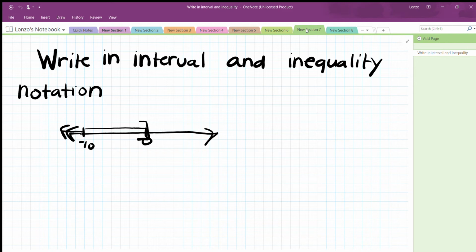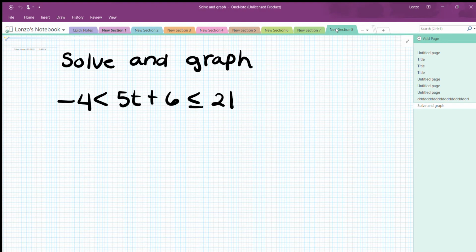Did I do this one? Write an interval and inequality. Yeah, I already done this one. So now let's do this one. Solve and graph.